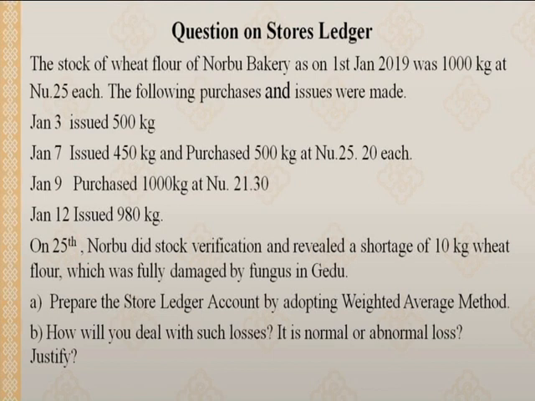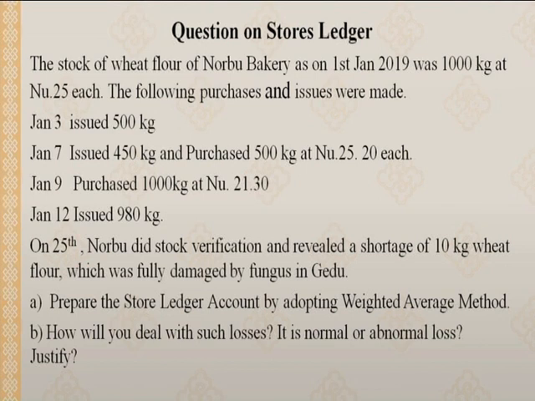And now how do we treat the normal loss? Normal loss will be treated in the preparation of the store ledger by inflating the price. Since we cannot avoid a normal loss irrespective of whatever care we take, the solution that is left is to inflate the price. Inflate here refers to the price being increased.